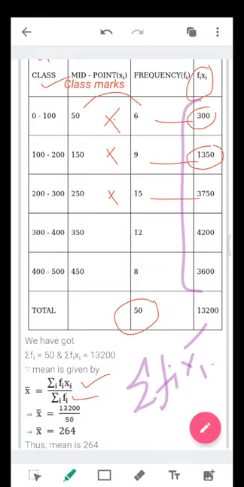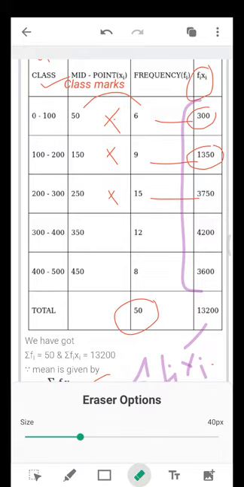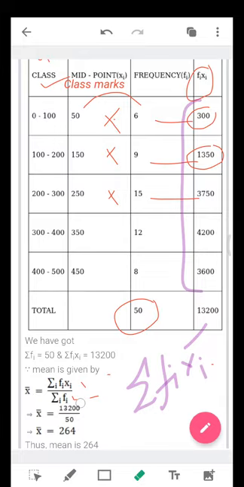So what's our sigma fi xi here? It's 13,200. Okay, now we have got both the values. Let's substitute in the formula. The formula is sigma fi xi by sigma fi.